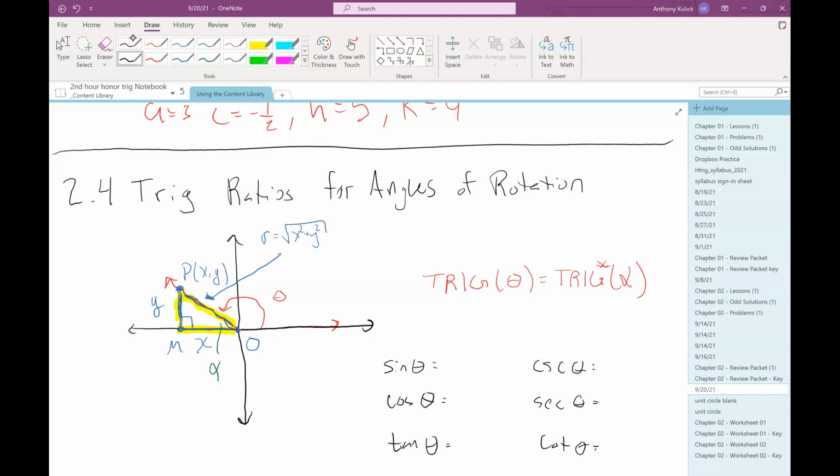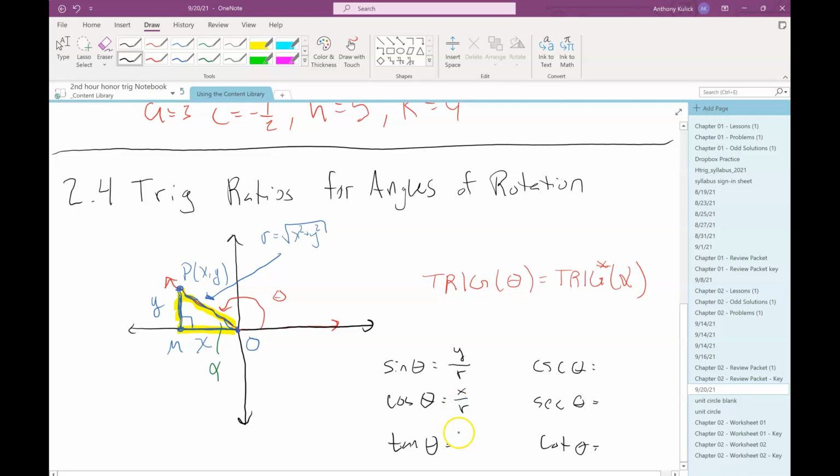Okay. So, sine theta is the same as sine alpha in a right triangle, so I can use SOHCAHTOA there, right? So, sine alpha would be opposite over hypotenuse, or y over r. Cosine theta would be adjacent over hypotenuse, so x over r.